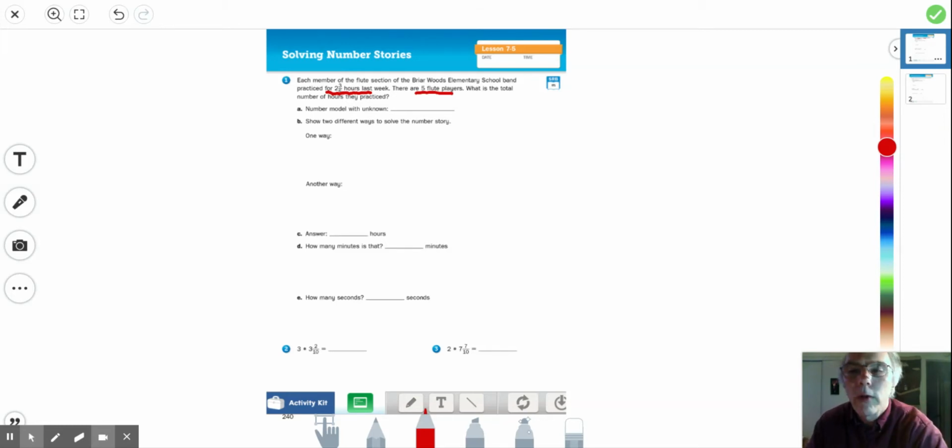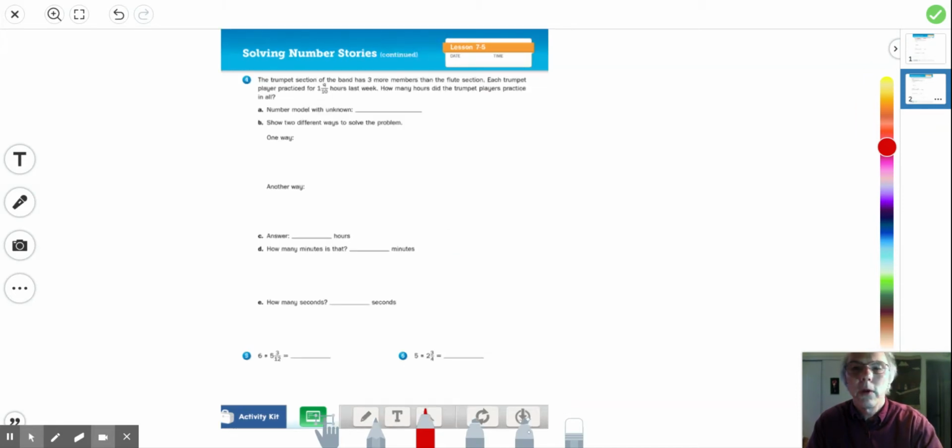So I'm going to go on to the next page because problem four is an interesting problem, as is this one. And if you can do problem four with me, then you can understand problem one and also problems two and three. So let's go over to page 2.